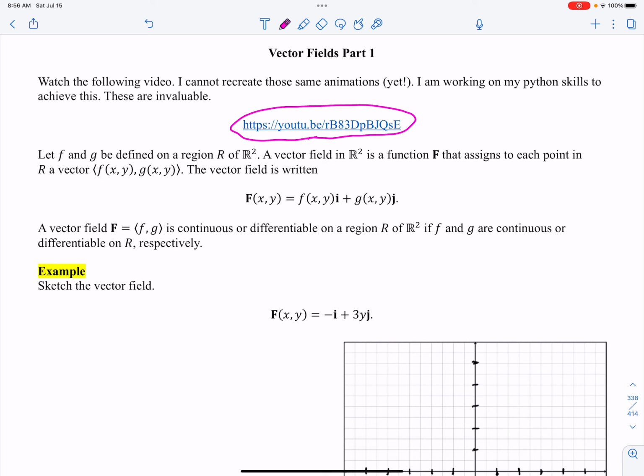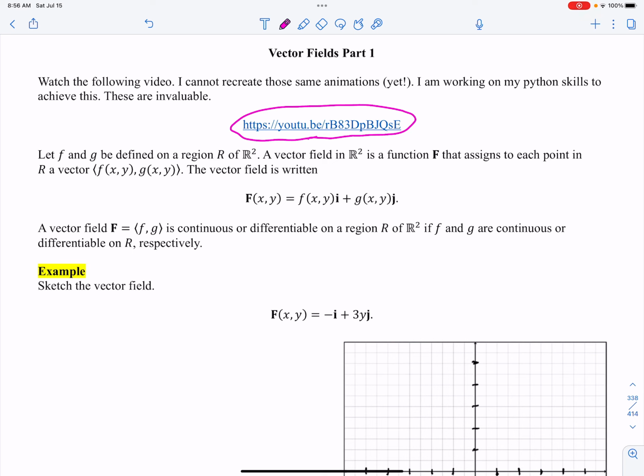All right, so here's a formal definition of a vector field. Let f and g be defined. These are just functions on a region R of R2, so we're plugging x and y's into those. A vector field in R2 is a function F that assigns to each point in R a vector, so it would be a vector pointing at a point. It is a vector.